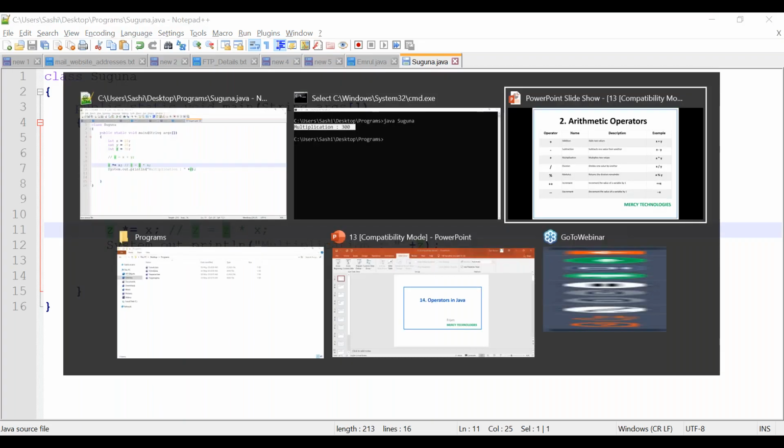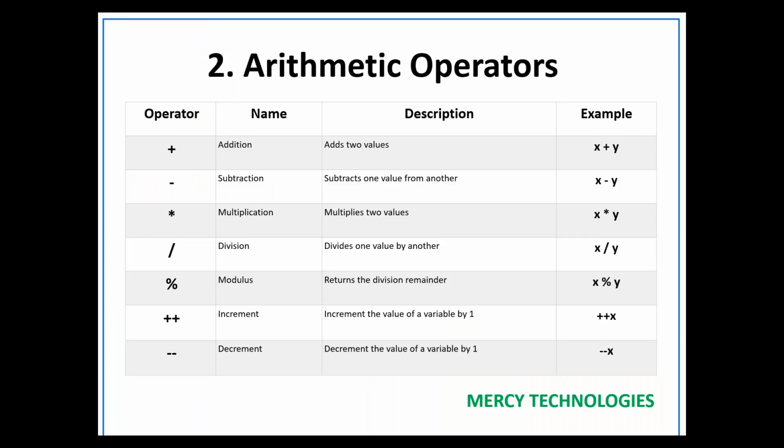Mainly they are used to perform arithmetic operations on variables or values. And the plus plus we have also seen, which increments the value by 1, and the decrement decrements the value by 1. The increment and decrement operators also come under arithmetic operators.